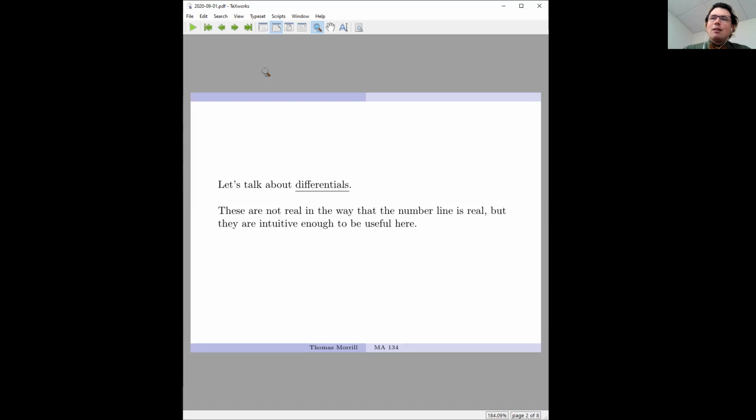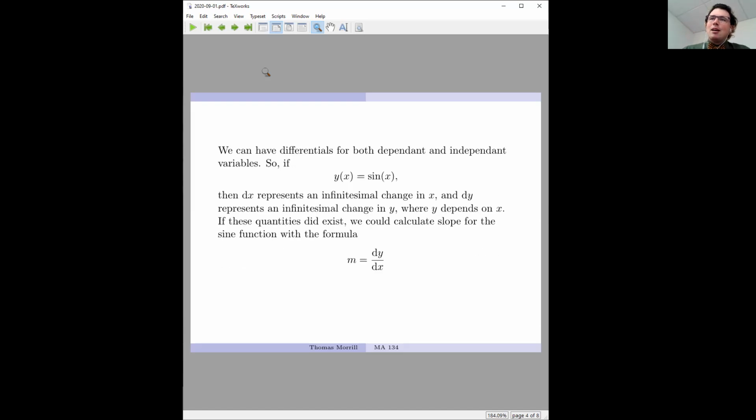Now, we can use the idea of change in these variables, change that is infinitely small. We can use this idea whether or not our variable is an independent variable or if our variable is dependent. So here I've written y in function notation.